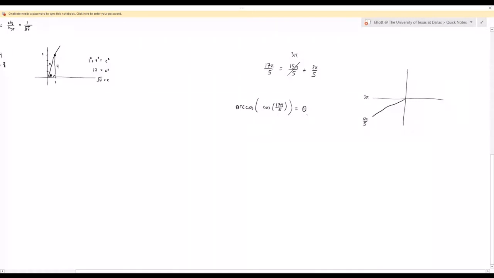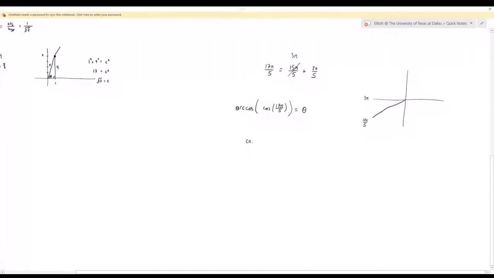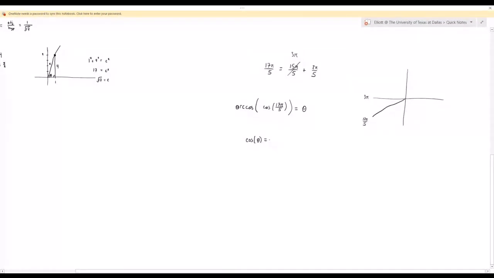First, cosine of this angle should be equal to this value here. I get this equation by thinking about moving the inverse cosine to the other side. Whenever you move it over to the other side, it becomes an ordinary cosine.